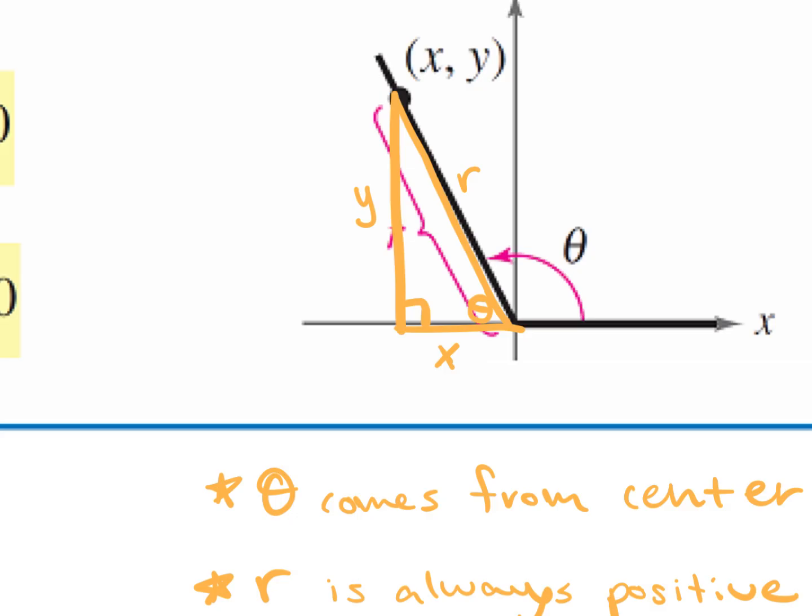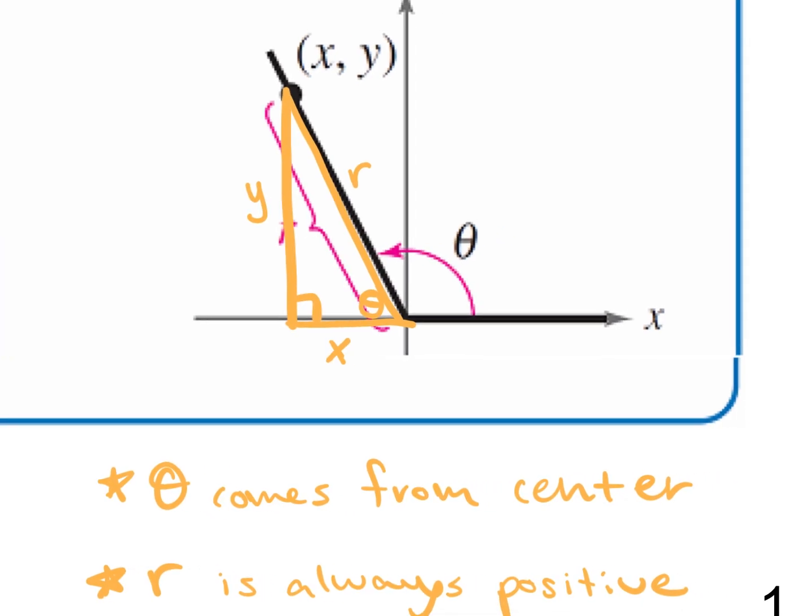Now if I found the sine of theta, sine is what over what in terms of SOHCAHTOA? It would be opposite over hypotenuse, which is y over r. So it's the same thing. Our y would be opposite of theta, x is adjacent, and r is our hypotenuse.